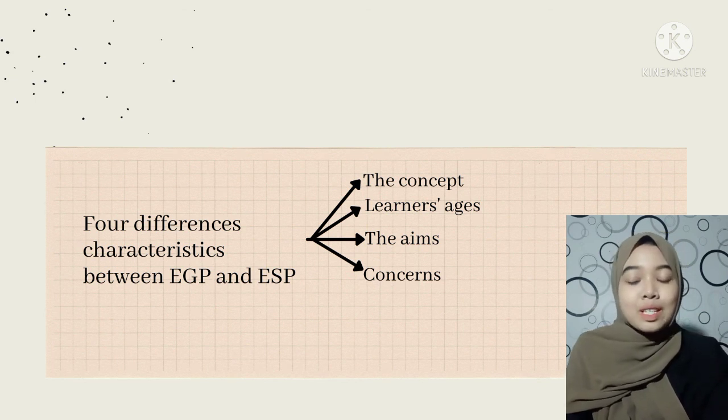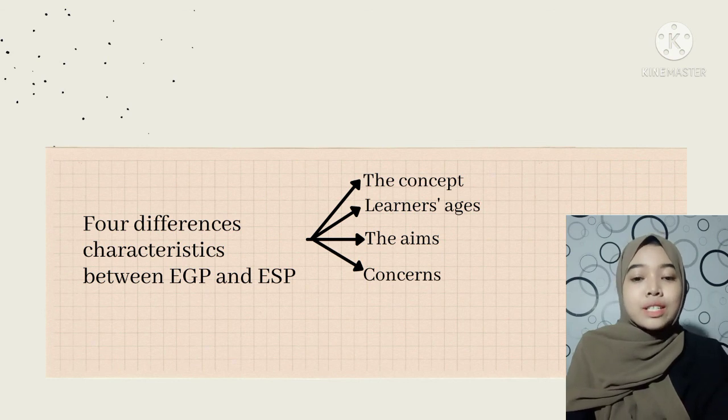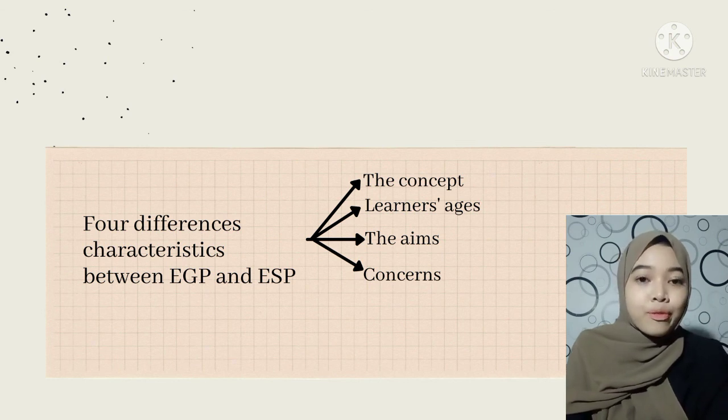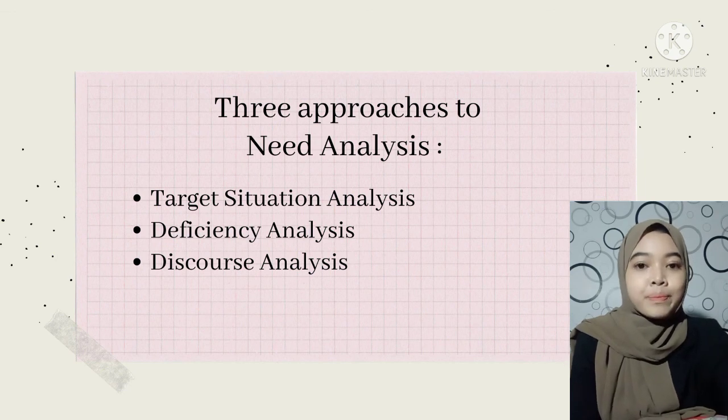While the concern of ESP is to design appropriate courses for various groups of learners according to their needs. Number 6. Three approaches to need analysis. The first is Target Situation Analysis or TSA.